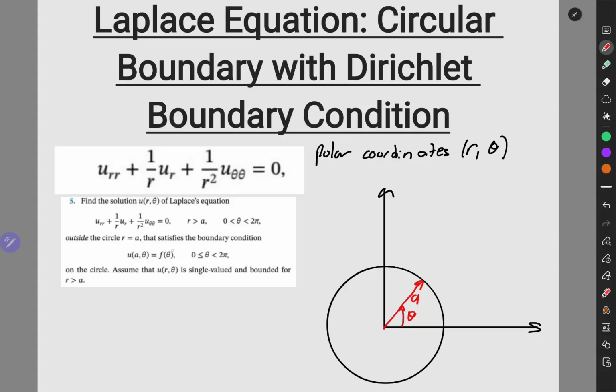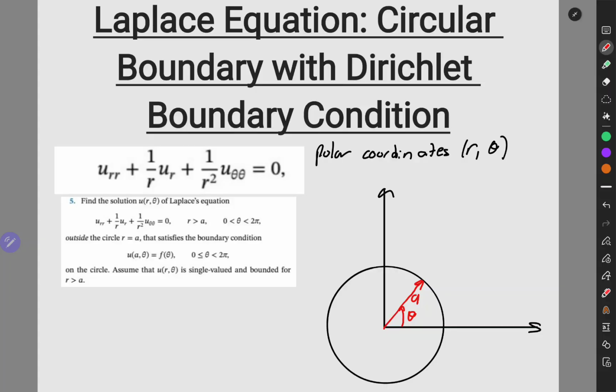On the outside of the circle, that's satisfying the boundary condition u(a, theta) equals f of theta. So what's in black is the boundary that the condition is for. This whole black circle is f of theta.